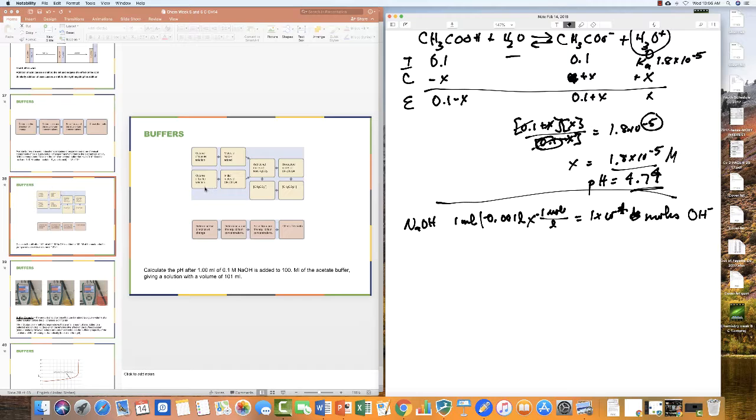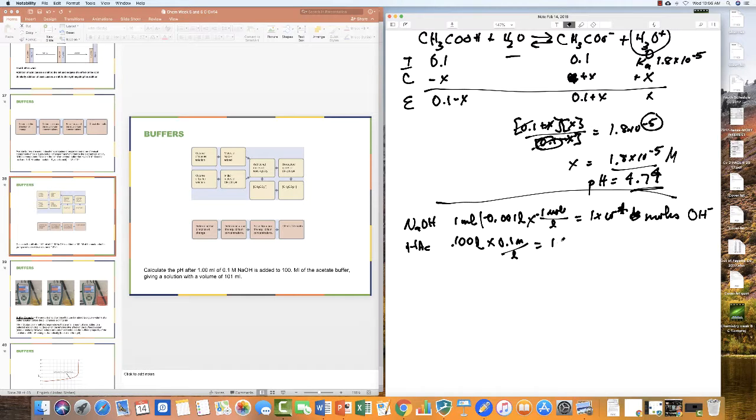The second step is looking at how much initial acetic acid you have. I'm just going to write AC because it goes faster. You have 100 milliliters, or 0.1 liters, times 0.1 moles per liter.